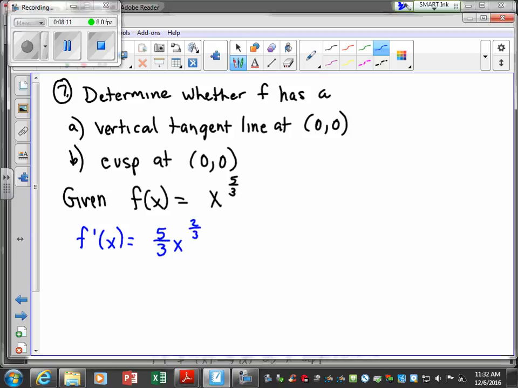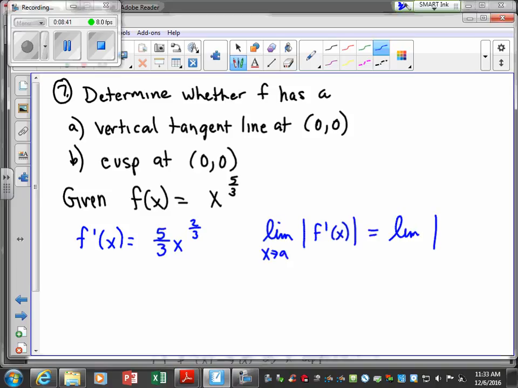Now we want to take the limit of f prime of x as x approaches a, which in this case is 0. Okay, that's our x value. So let's just have a paper trail.